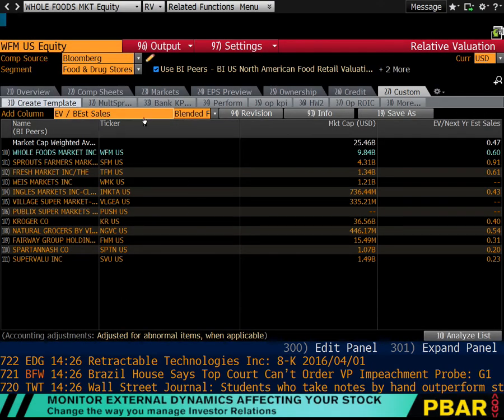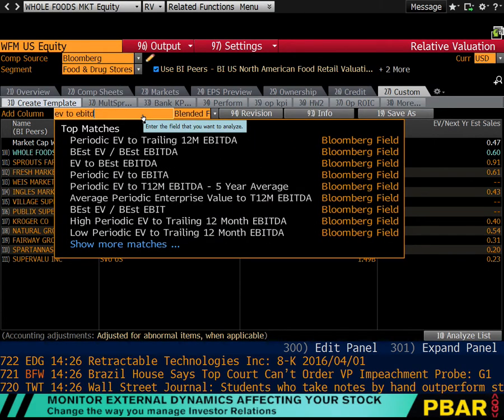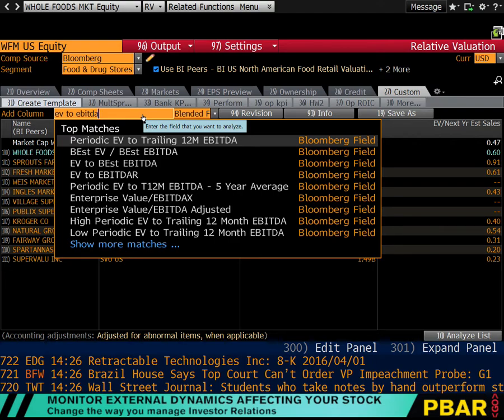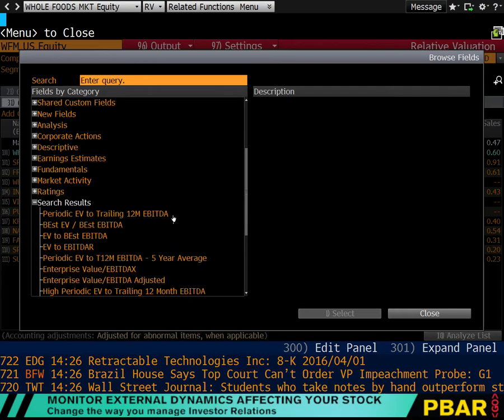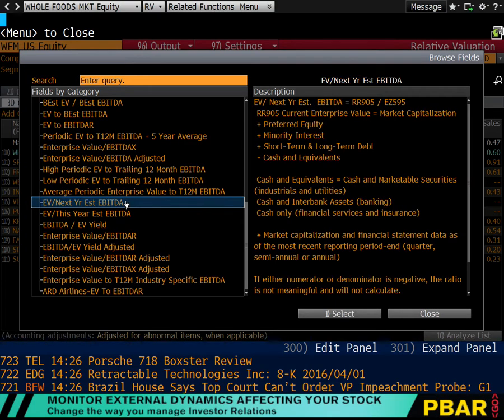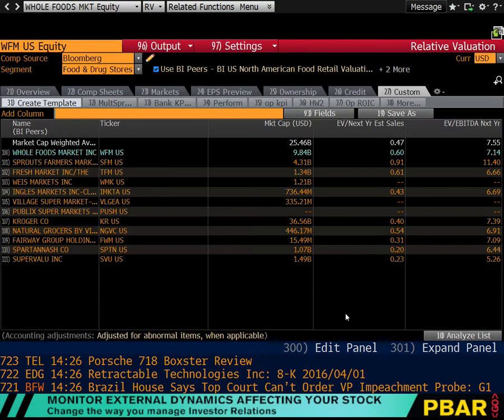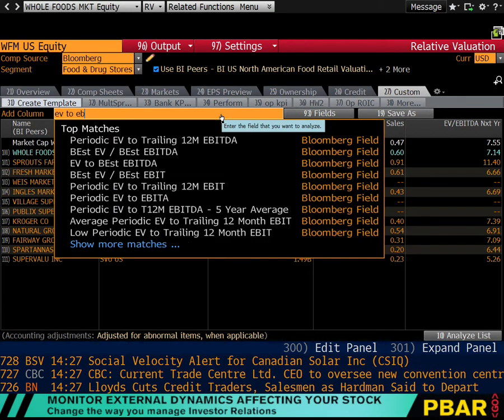All right. So next, EV space 2 space EBITDA. Show more matches, because there's a lot of them. Scroll down, and then you need an EV to next year estimated EBITDA. There's your EV to EBITDA. Select that. Right. Then we need EV to EBIT, EV space TO space EBIT.